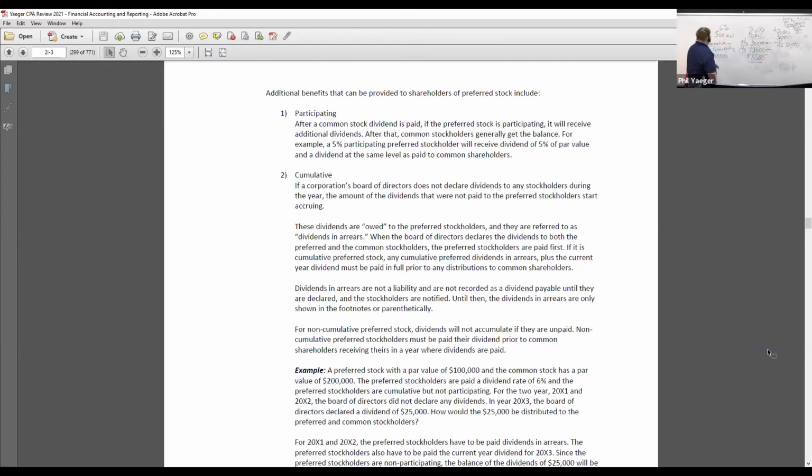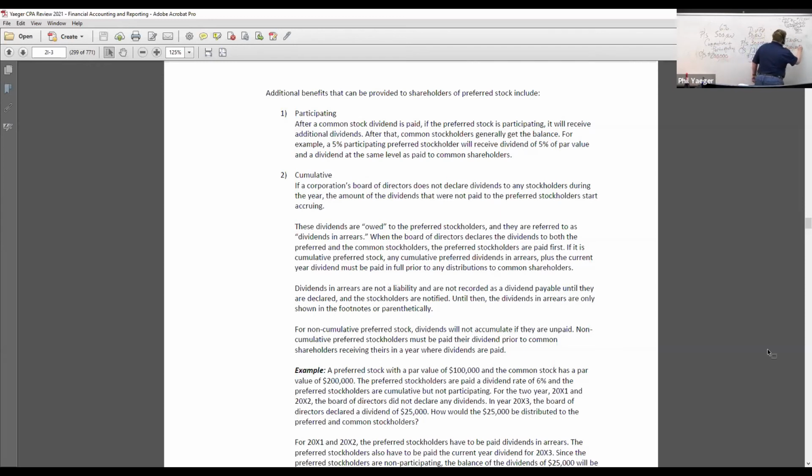Now, the preferred are cumulative and fully participating. So therefore, the remaining dividends will be allocated to the preferred and the common based on the relative par value. Got that? So we take the preferred stock. The total par value is 500,000. The common stock have a par value of 200,000.